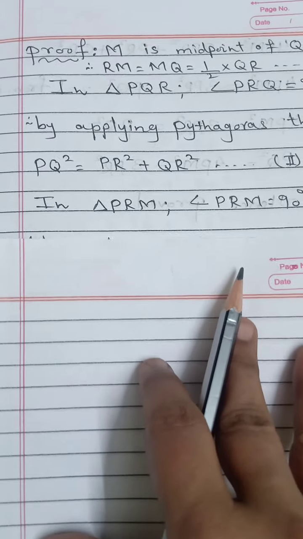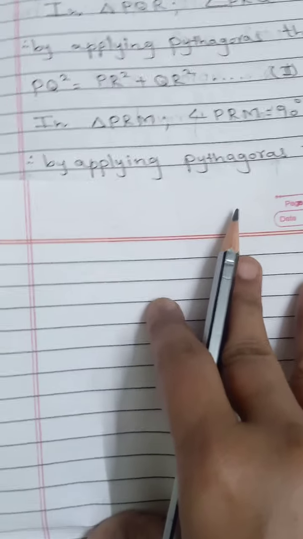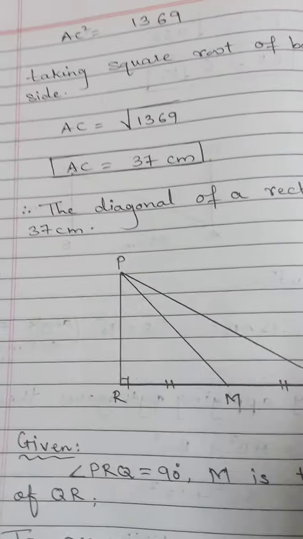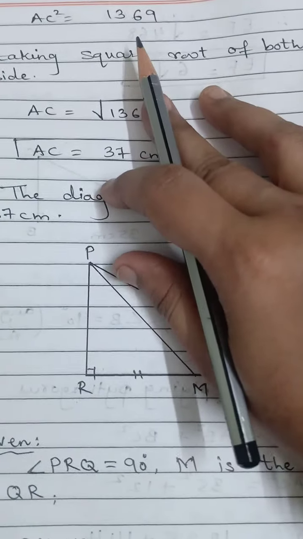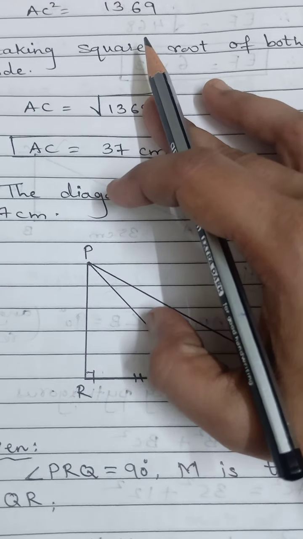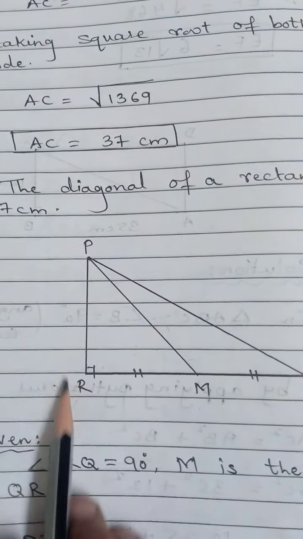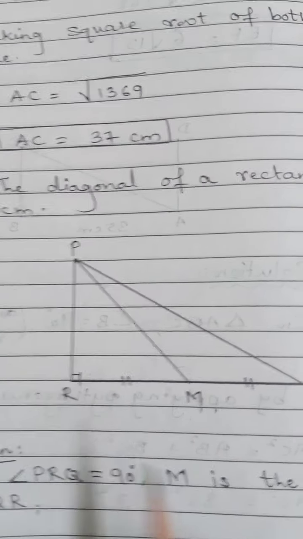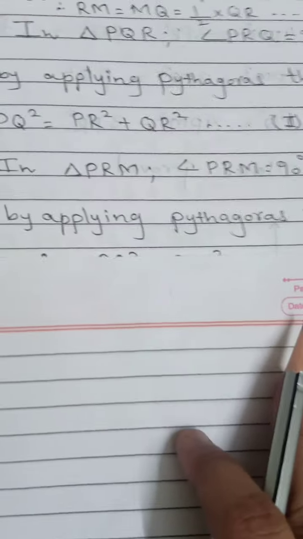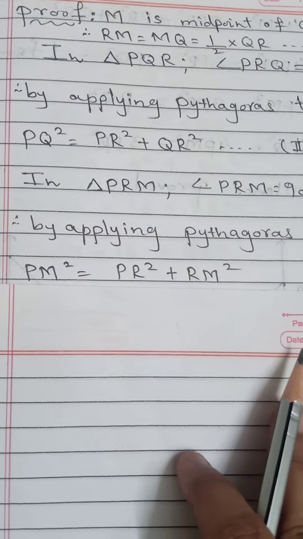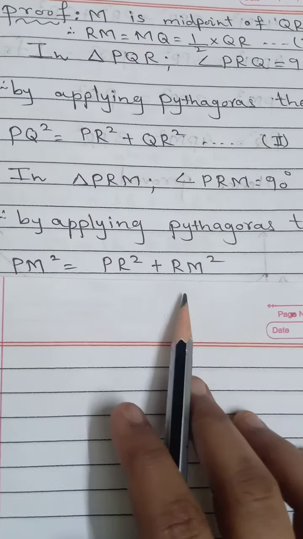So by applying the Pythagoras theorem, now we'll see which side is the hypotenuse in the smaller triangle. See here. The side opposite to 90 degrees is the hypotenuse. So here PM is the hypotenuse. One side is PR, the other side is RM. So PM square is equal to PR square plus RM square.